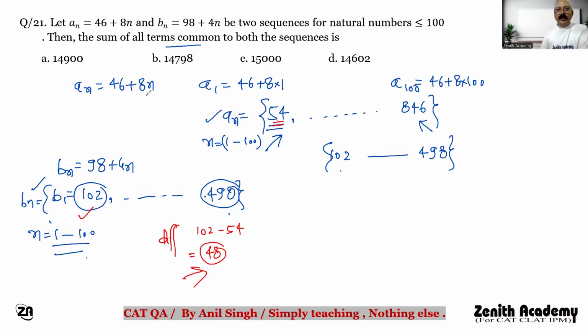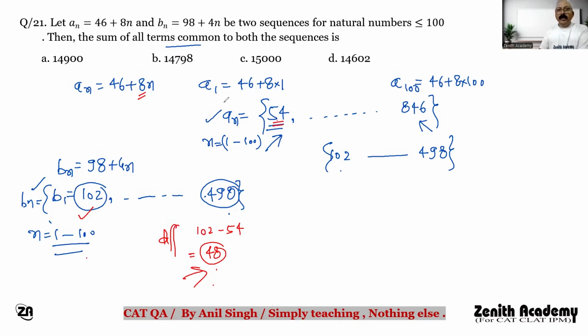And in the first sequence, the common difference is 8. After every 8, if I add 8, then every next term is a member of the sequence: 46 plus 8 plus 8 plus 8. And 48 is divisible by 8. Right? 48 is a multiple of 8.